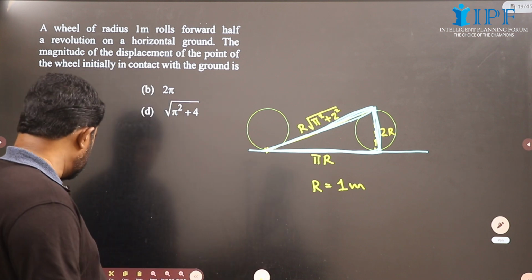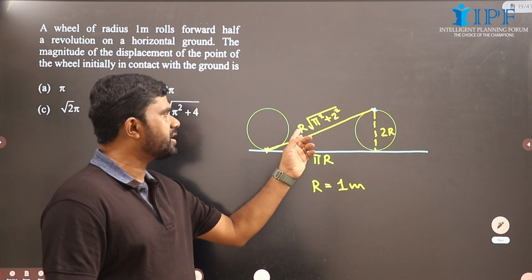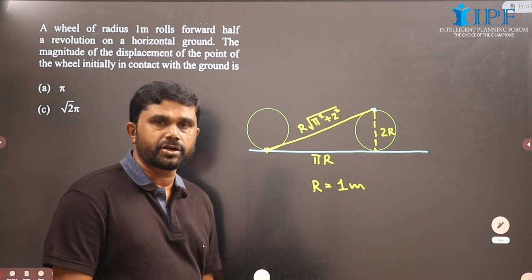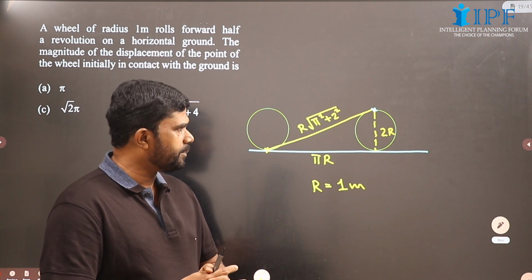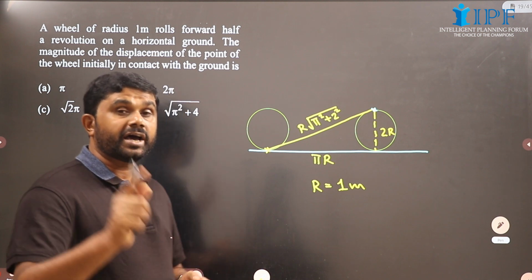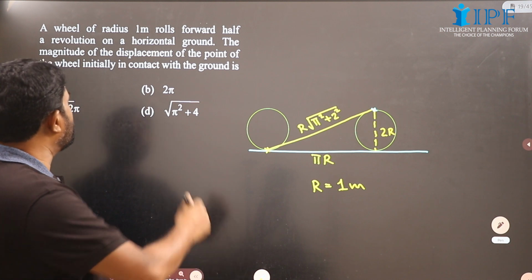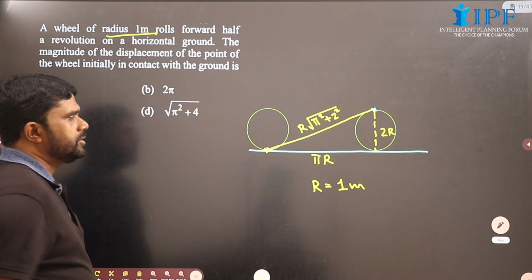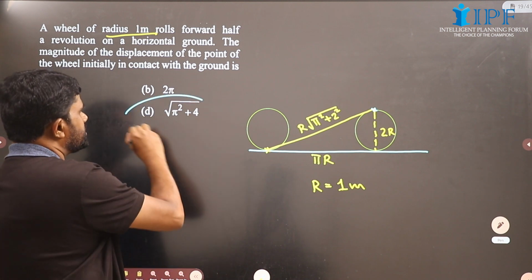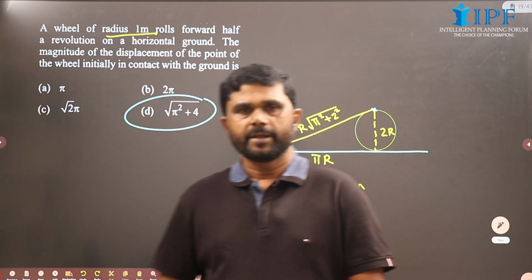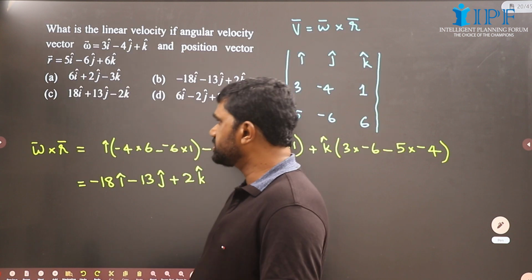Then under root pi square plus 2 square, that is pi square plus 4, and r, the radius, is given as 1 meter. So it will be under root pi square plus 4. Now let's see what we have next.